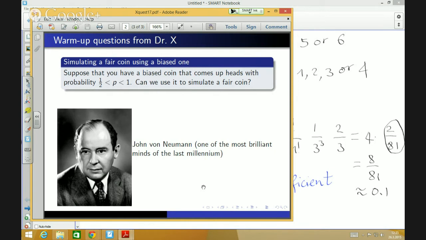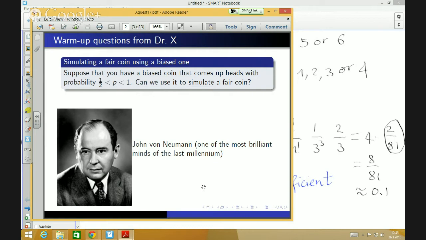In fact, you don't really need to know even it's unfair for the protocol to work, but let's assume that. And you want to simulate a fair coin. In other words, you want to get, using this unfair coin, the behavior of a fair coin. Something that half of the time gives heads and half of the time gives tails.